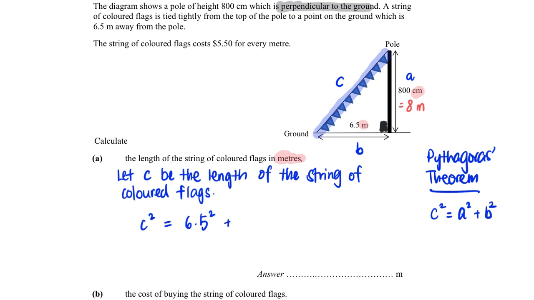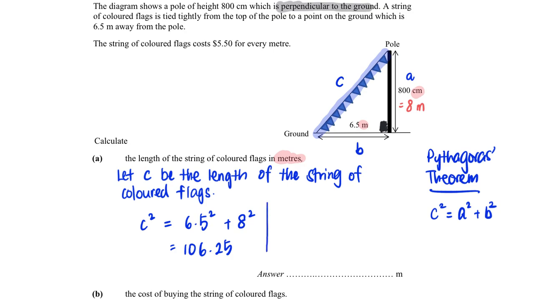6.5 square plus 8 meter square. This will give me a value of 106.25.